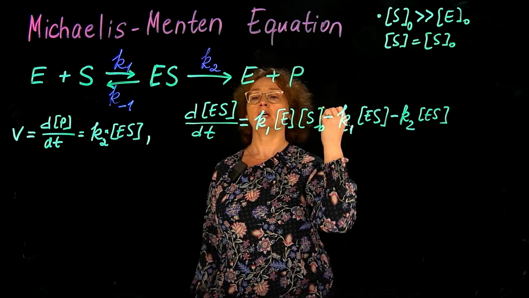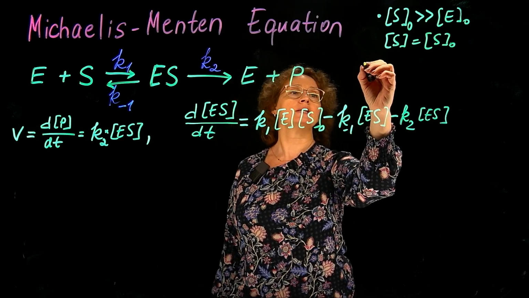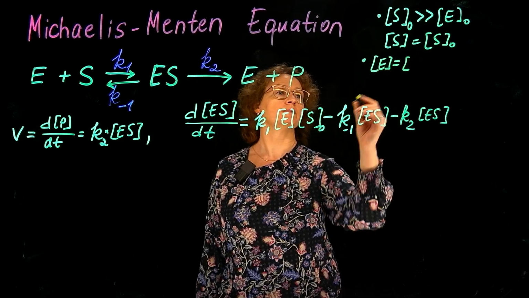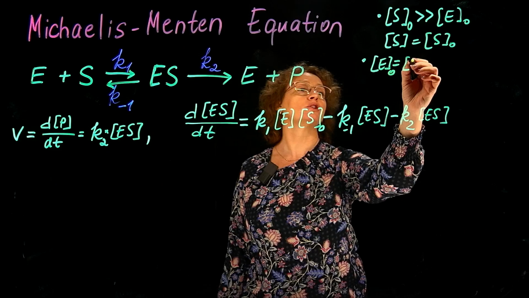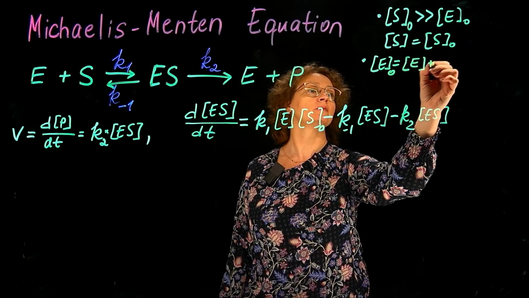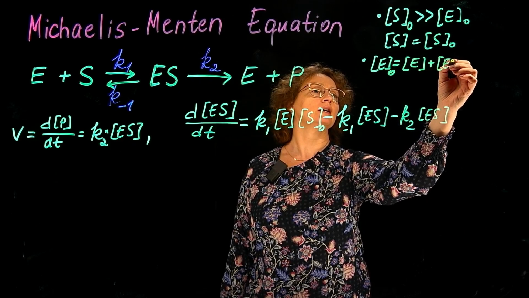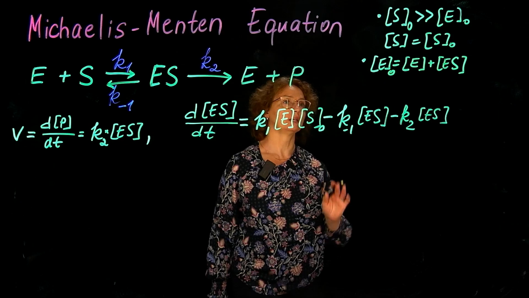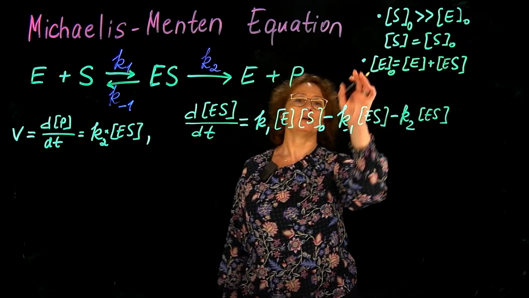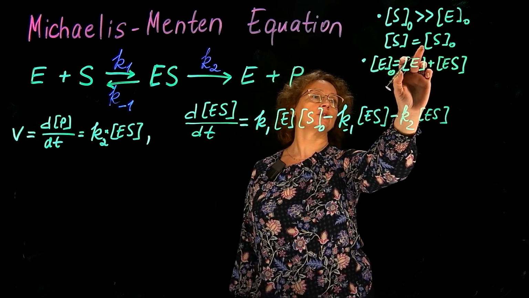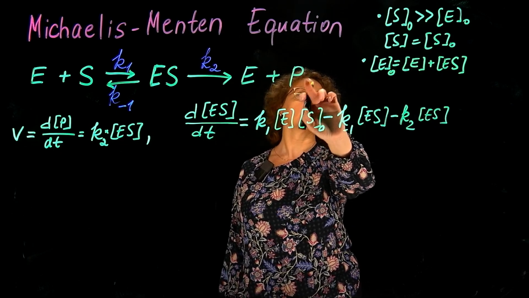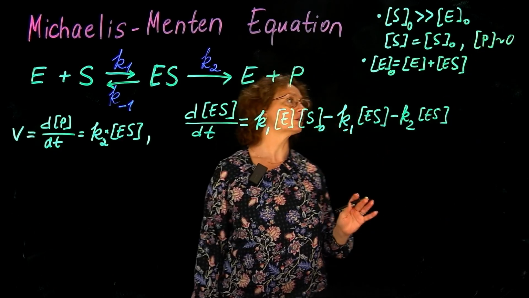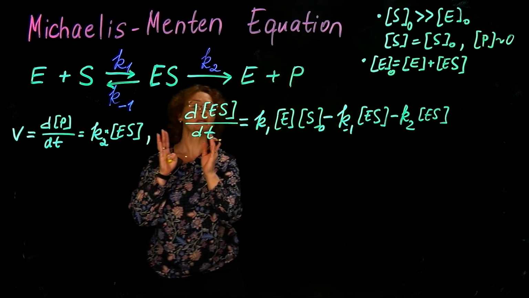How about the enzyme? The initial enzyme concentration is split into the concentration of free enzyme and enzyme substrate complex. Otherwise we would need to take into account product concentration, so we assume that product concentration is almost negligible. So we are talking about the very beginning of the reaction.